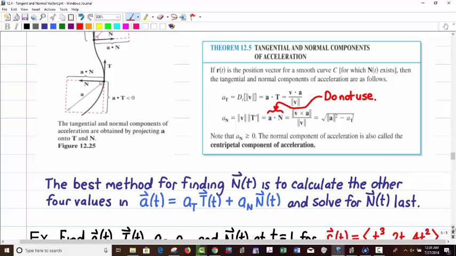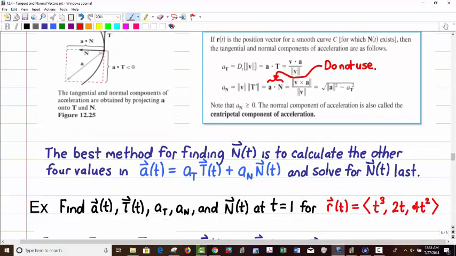So let's say that we have a problem and we want to find N of t without using that ugly formula. Here's how I would do it. We have this equation that has 5 unknowns in it. A of t on the left side is easy to get.